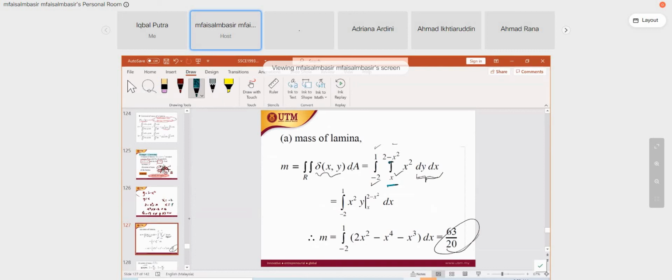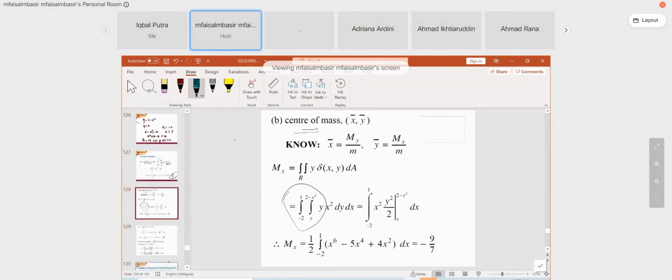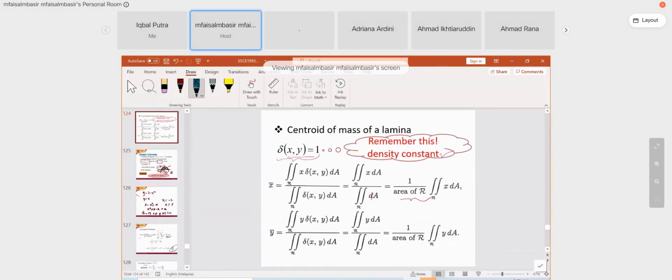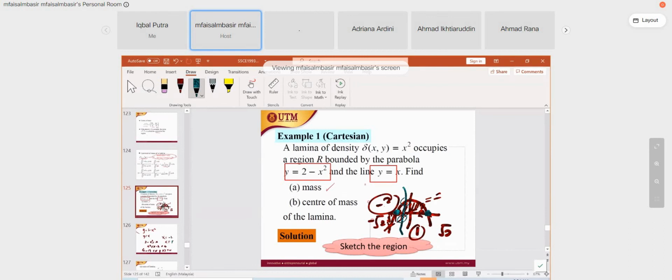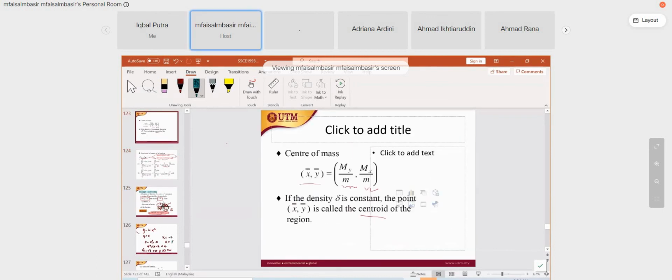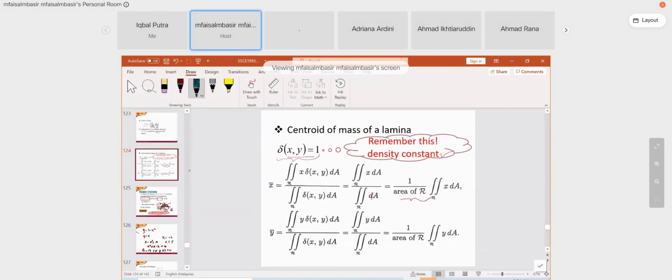This is for mass. Second, for moment, you have to find two things because they want the center of mass, right? Center of mass is Mx over m, My over m. You already found m, so we are left with My and Mx. The formula is here.